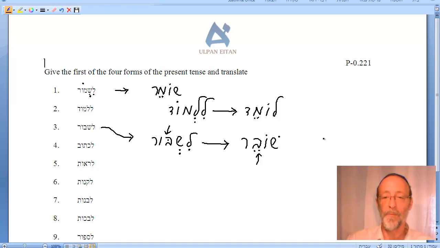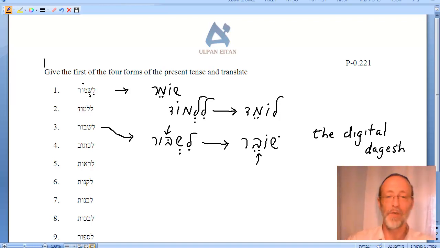This is what I call the digital dagesh. I'm referring to that middle root letter, the bet in the infinitive becoming a vet in the present tense. Now grammarians will take you on some kind of long, extended explanation, which is complex to a certain extent and has its exceptions.